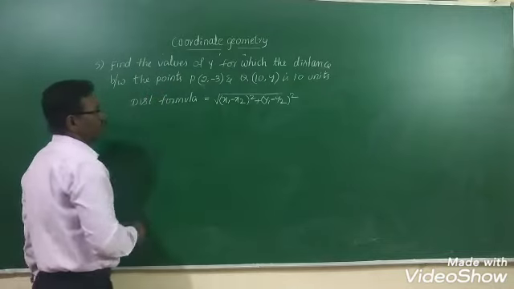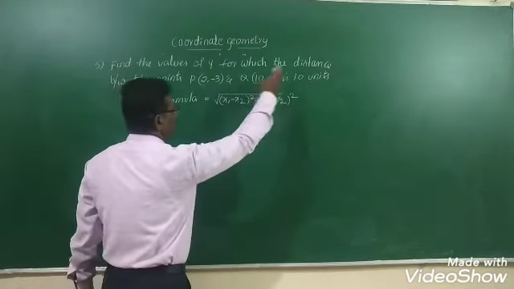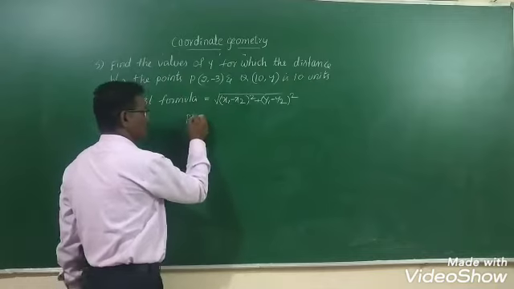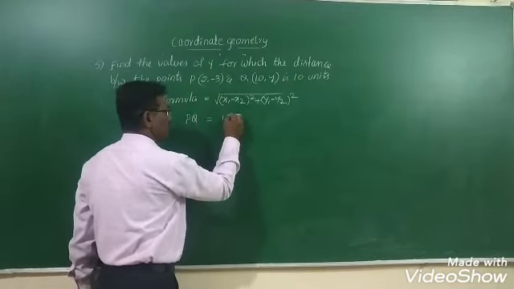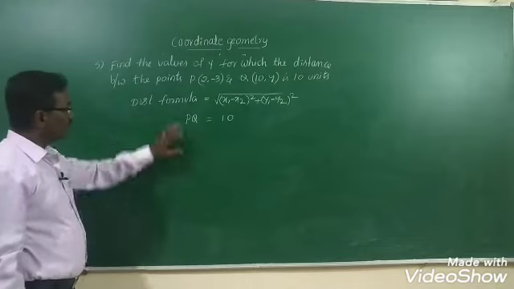According to the problem, the PQ distance is 10 units. So I have to mention here, PQ equals 10 units. How do we find PQ here?